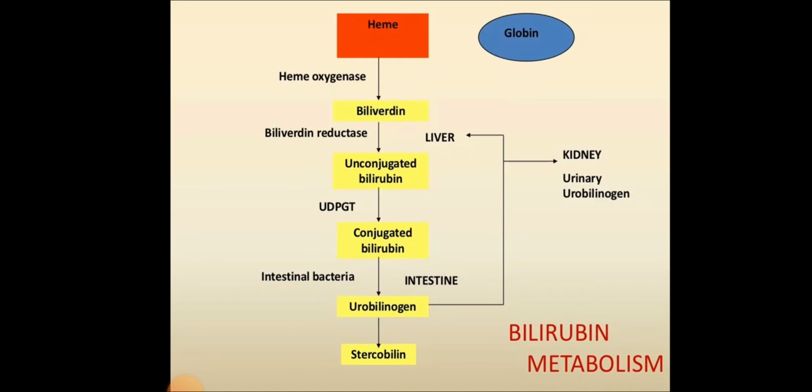the conjugated bilirubin is secreted out and drains into the bile ducts and is sent to the gallbladder for storage as bile.